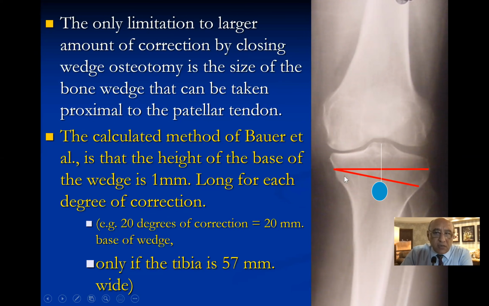So if we need to correct the tibia by 20 degrees, then we expect the base of the wedge to be 20 millimeters, but this only works if the width of the tibia is 57 millimeters.